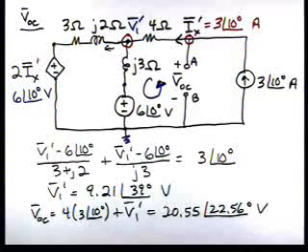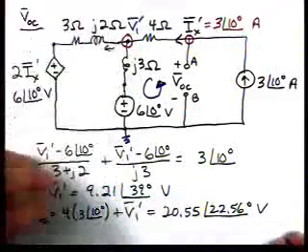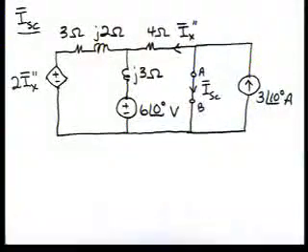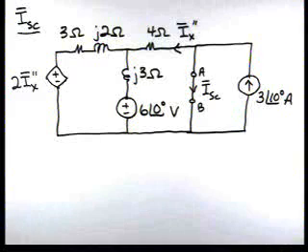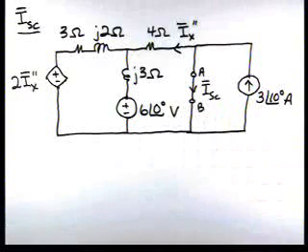Now we need to find the short circuit current because we've got a dependent source. So now we're going to take our circuit and connect A and B together with a short, and find the short circuit current. So here's our circuit diagram. Notice we've got a short between terminals A and B. And again, let's think about nodal analysis.